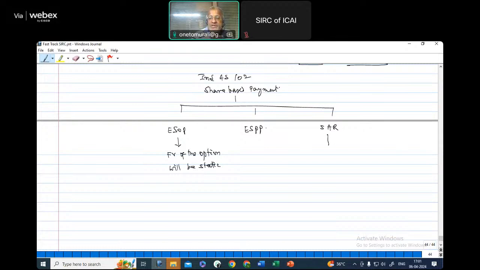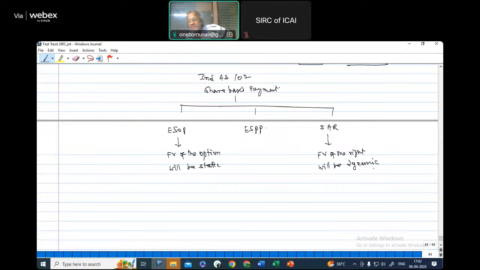In stock appreciation rights, the fair value of the rights will be dynamic, always changing. Now let us understand the basic difference between employee stock option plan and stock appreciation rights.